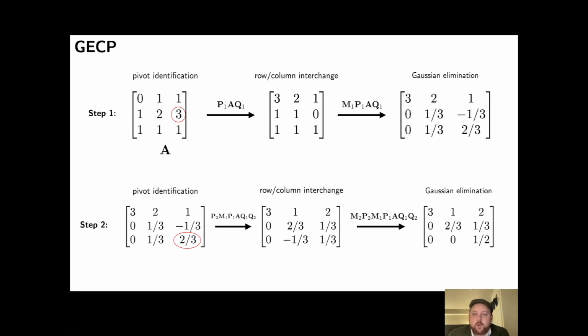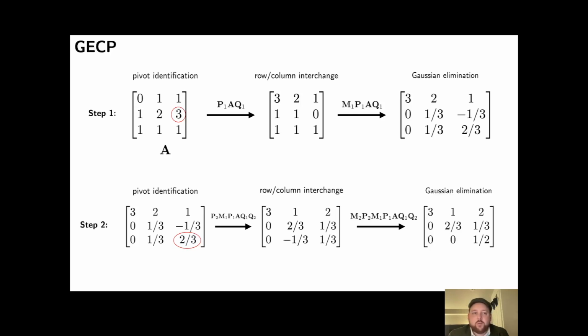Then, following the same types of arguments that I made earlier in the video, it's a little bit of work to figure out, but you can read off from these M's and P's and Q's that we've computed, and piece together the PAQ = LU factorization, which is what the Gaussian elimination with complete pivoting algorithm will produce.